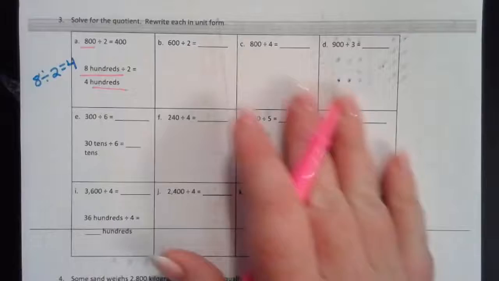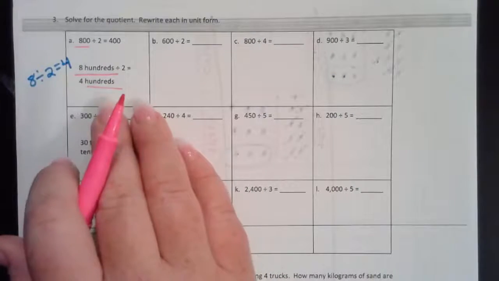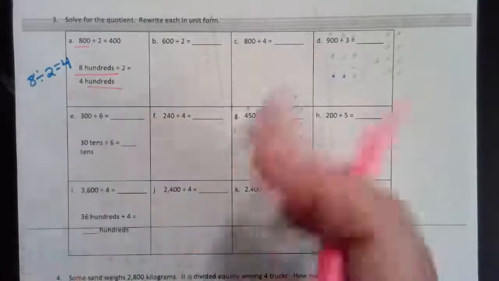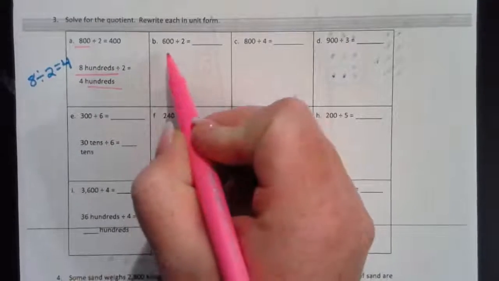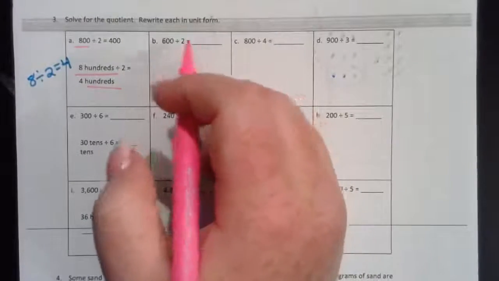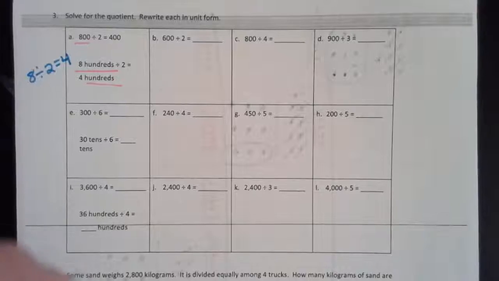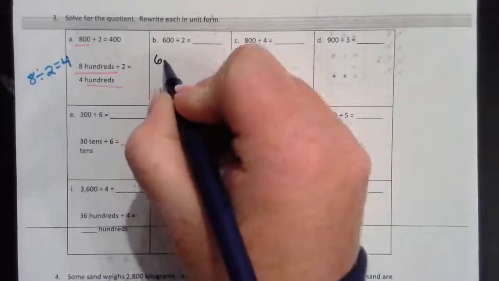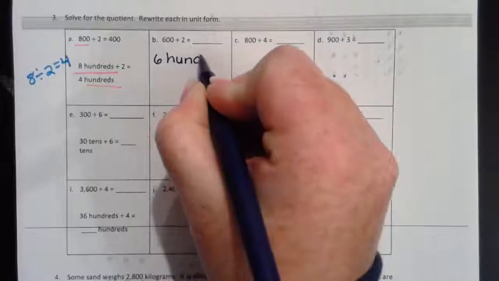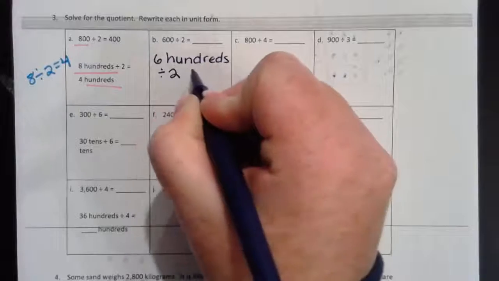That's what we're going to do moving forward: use unit form and use our math facts to help us divide rather than having to compute with large numbers. So let's look at part B. 600 divided by 2. 600 is actually 6 what? 6 hundredths. And I'm dividing by 2.